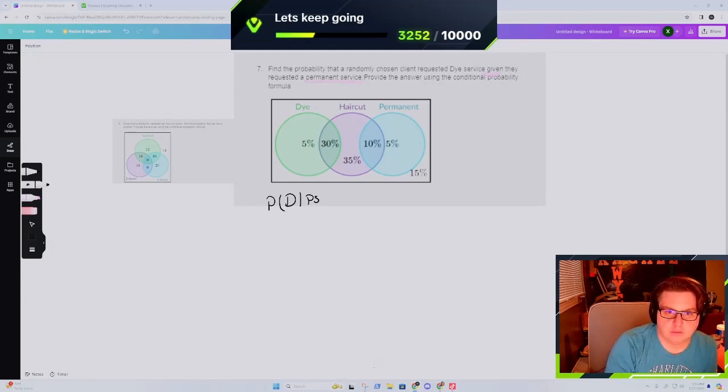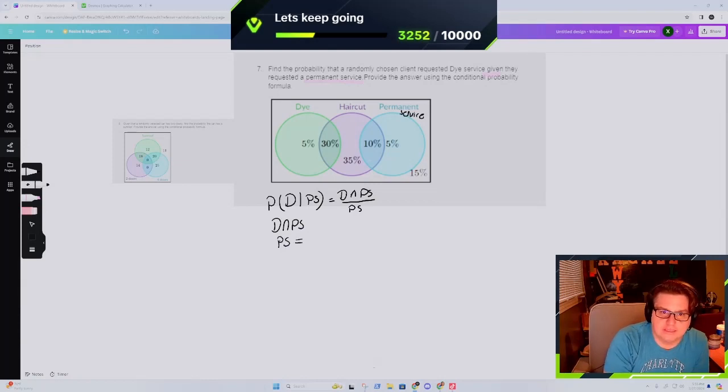Permanent service. Okay. So what we need is the die and permanent service, so where these overlap, over the permanent service. Well, the permanent service is our blue circle. So if we do die and permanent service, or we just do the permanent service, we can see that the whole blue circle is permanent service. So if that's the case, that is 15%.